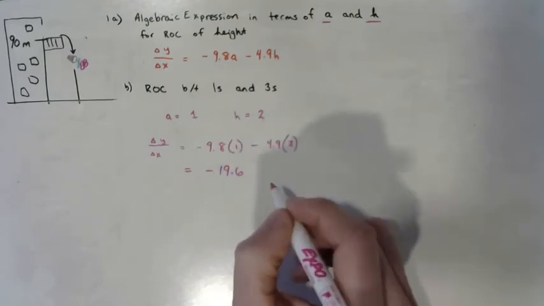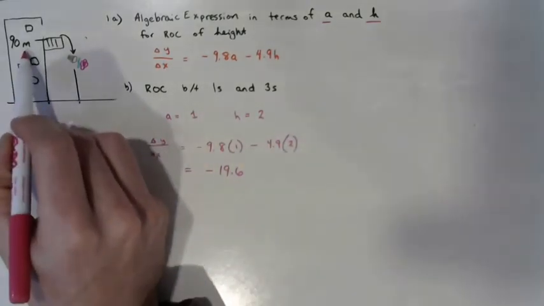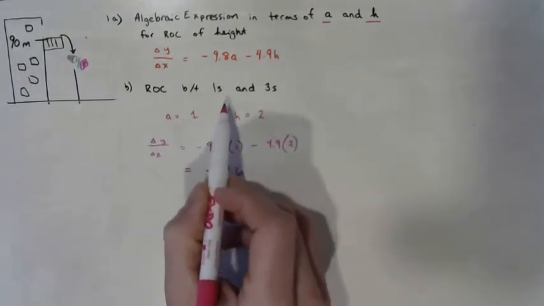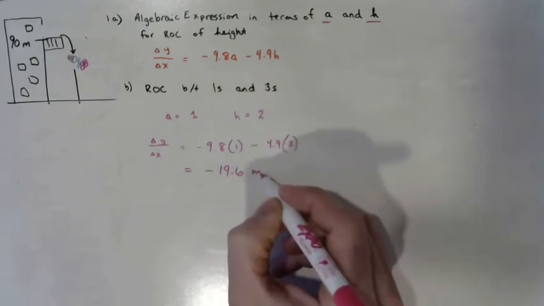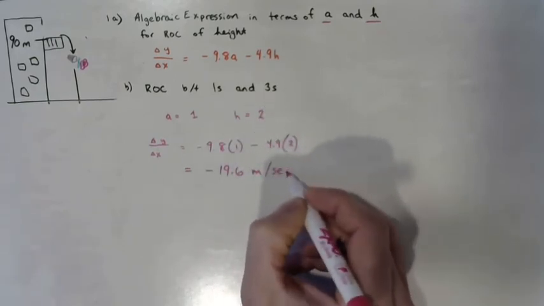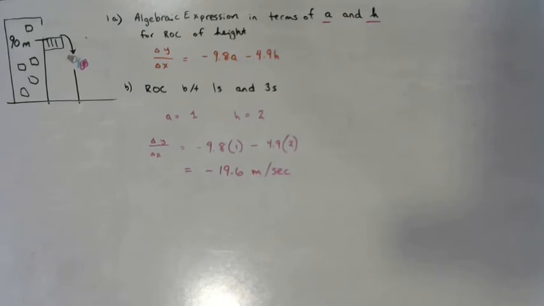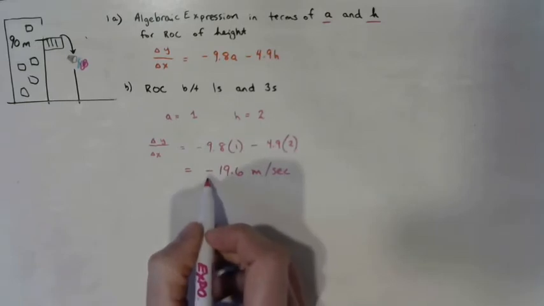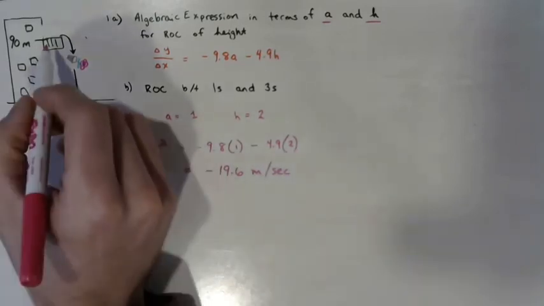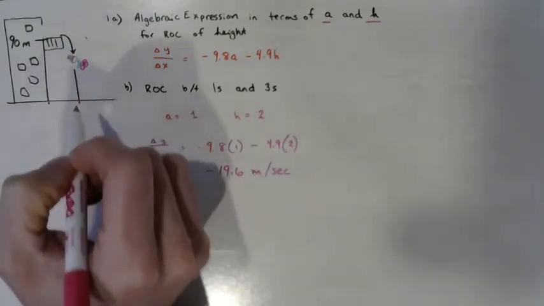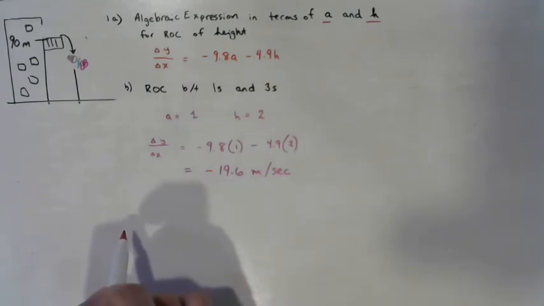And that's going to be measured in meters per second. Okay, meters per second. The negative in this result simply indicates that the flower pot is moving down, okay, as opposed to up.